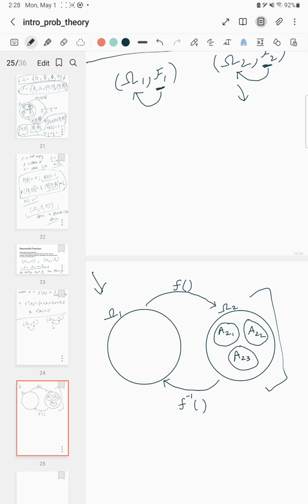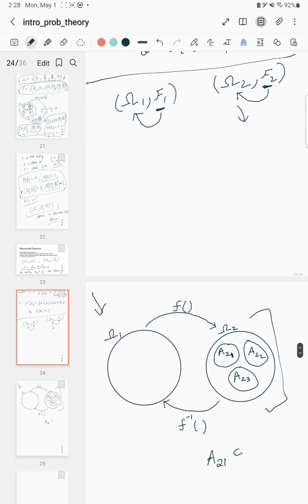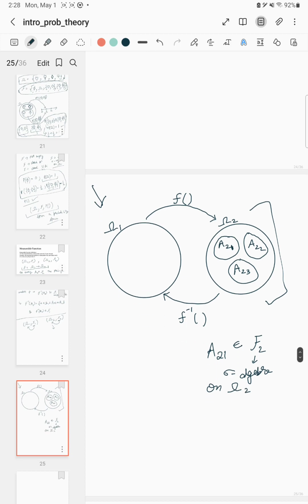So let's say there is a set A21 present inside the sigma algebra of omega 2. So A21 belongs to F2, where F2 is a sigma algebra on omega 2. So A21 is present in F2.